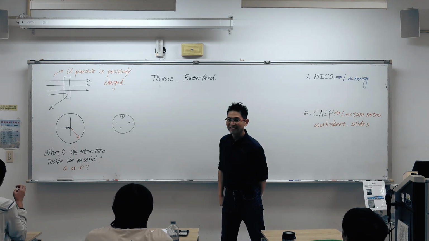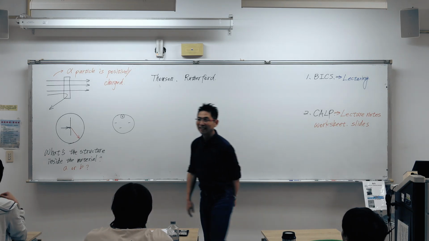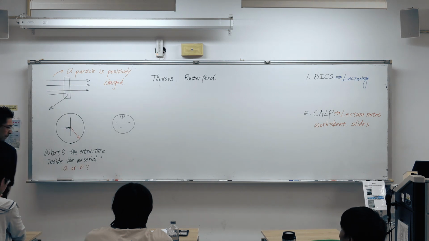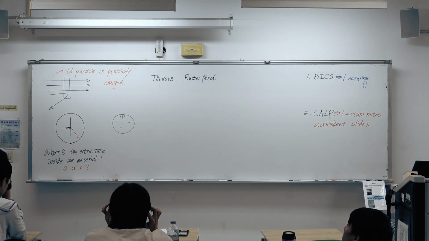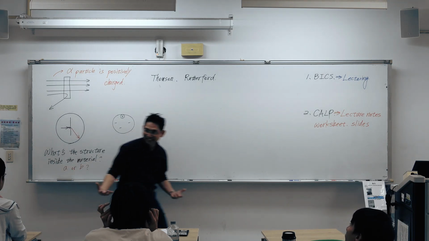Is that enough? And you should also ask why, and why the other options we could not explain them. Why what? Why you choose this? Oh, okay. A or B? Why?